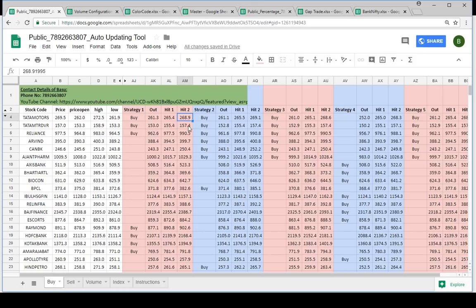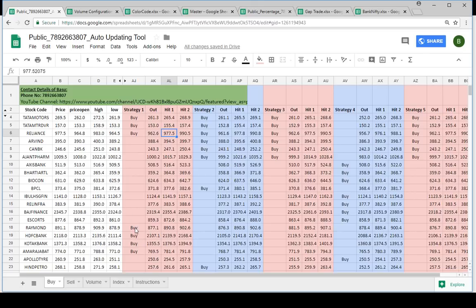Similarly, Tata Motors DVR reached both the targets. But in the case of Reliance, it crossed the first target of 377 and went till 383, but it came back and closed exactly at target 1, so 377.5.